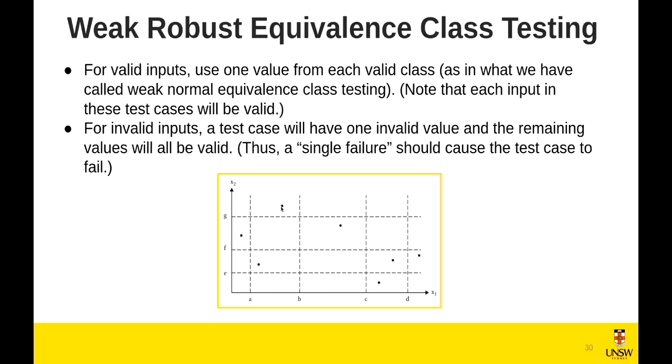For this point here, x2 is invalid, x1 is valid. And for this point here, x2 is valid and x1 is invalid. So in this example, we strictly follow the single fault assumption. So this is more ideal.